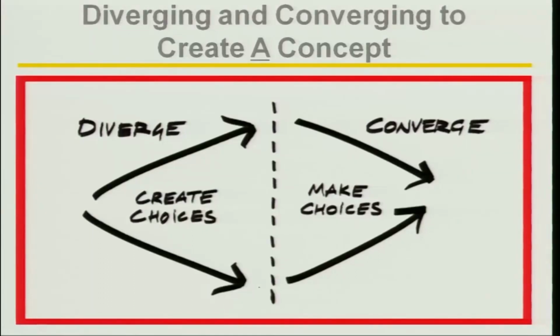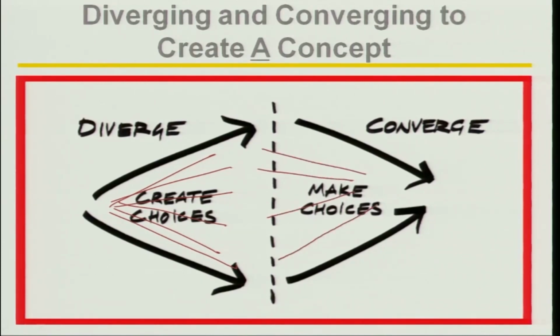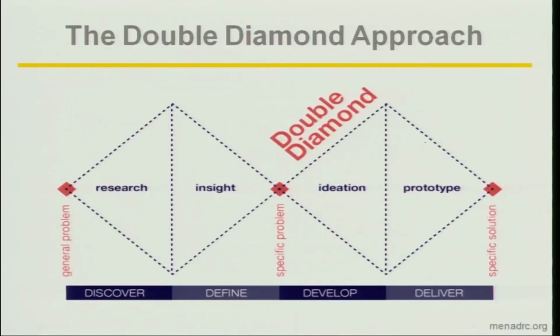So this is what we're doing again. If you remember, we are diverging because we created all these different concepts and choices, and then as a team we are making choices, which is when we are narrowing this down again. This was a broadening activity, and then we are narrowing it down to a converging point. So the double diamond approach, as it's called, which I sketched out for you earlier.